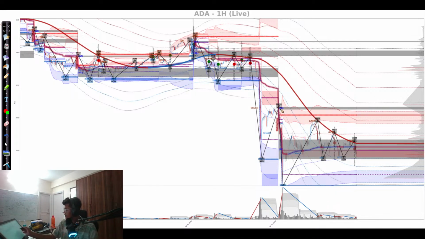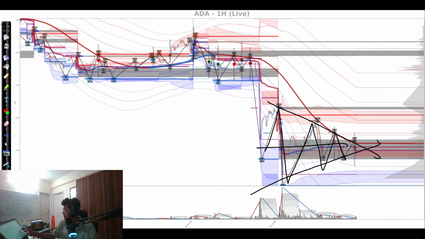What we can speculate is that it's building a triangle. I don't like to use these patterns, but for beginner traders, they can understand, they have heard this term. The simple way to know this is it's building energy. It's accumulating.